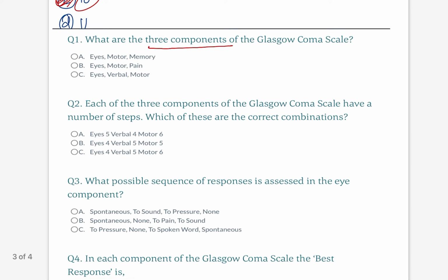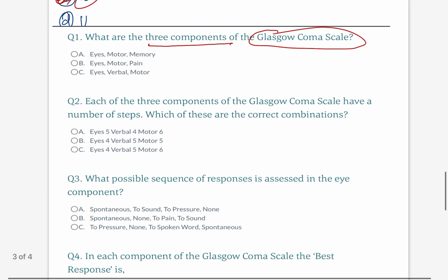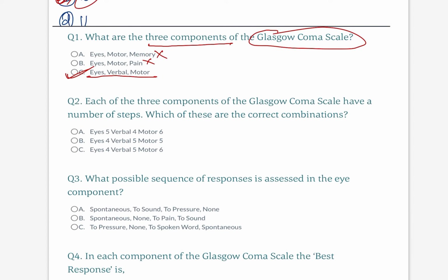Here he is asking the components of the Glasgow Coma Scale. It's very easy, right? Try to answer. E3, V4, M5, right? The answer is C. There is no memory, there is no pain, right? So the answer is the third one.